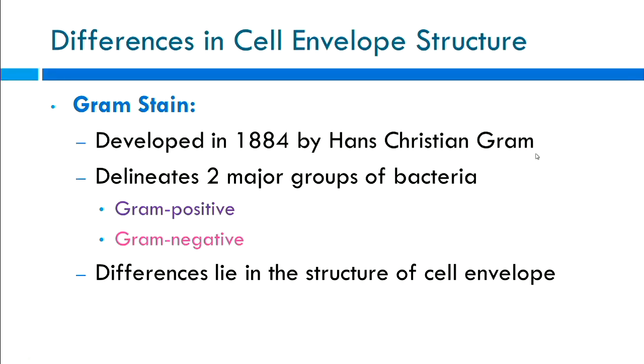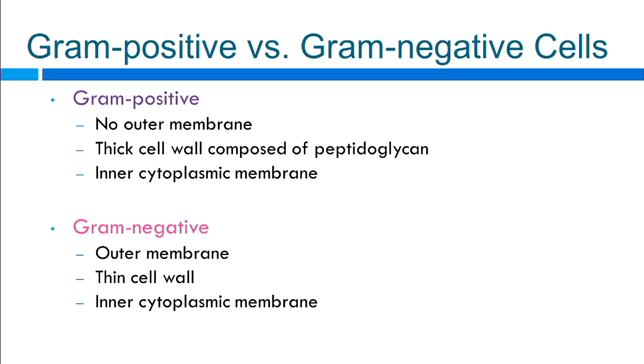Well, it's the same method that Hans Christian Gram used. We still use this. Okay? And I don't know when you guys are going to do this stain, but I remember positive is purple and negative is pink. And it's all because some of them have that outer membrane and some do not. So if you're Gram positive, you're purple, you only have a cell wall and the plasma membrane. There's no outer membrane.